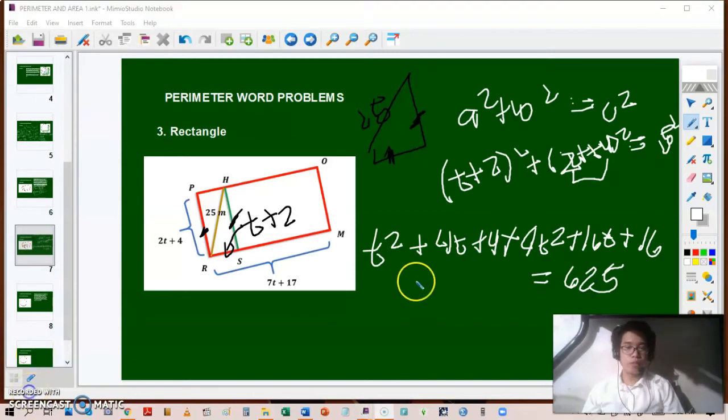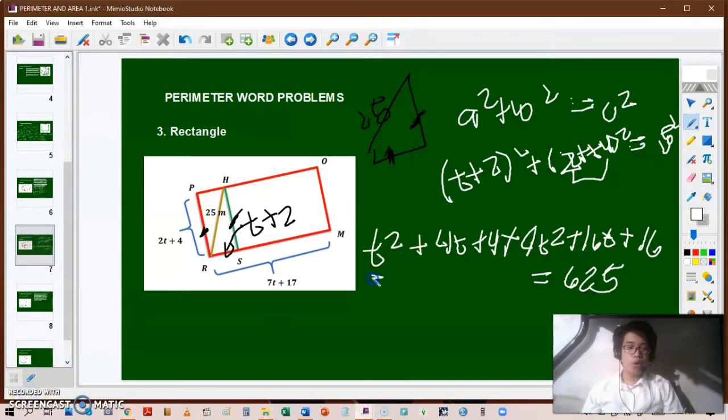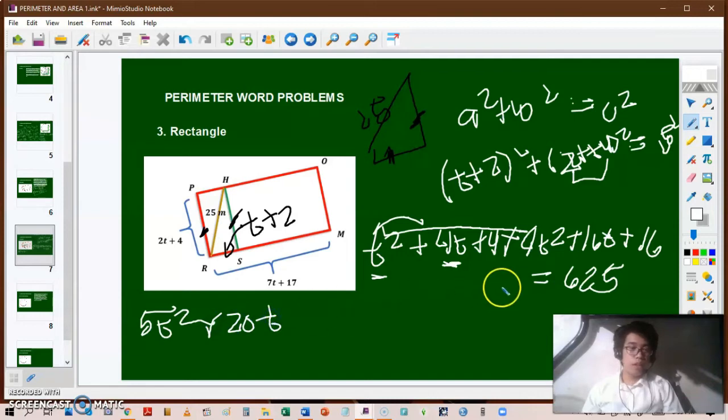625. Next we have to add all of our variables and constants here, or perform algebraic operations. So that's t squared plus 4t squared, which is 5t squared, and then 4t plus 16t, which is 20t, and then we have 4 plus 16, so that's 20. So 5t squared plus 20t plus 20 is equal to 625.